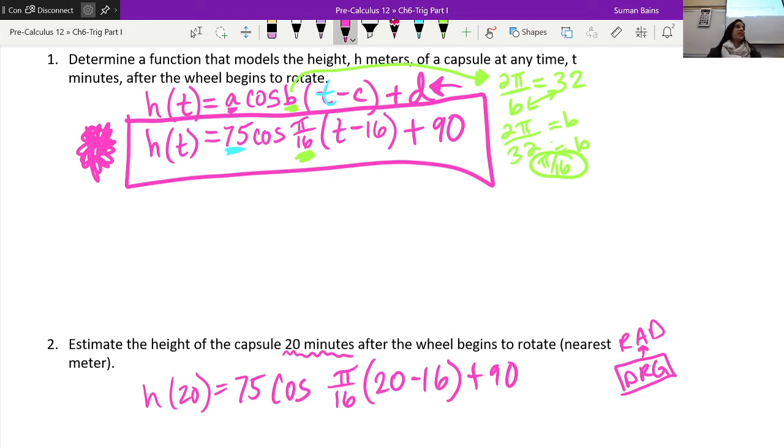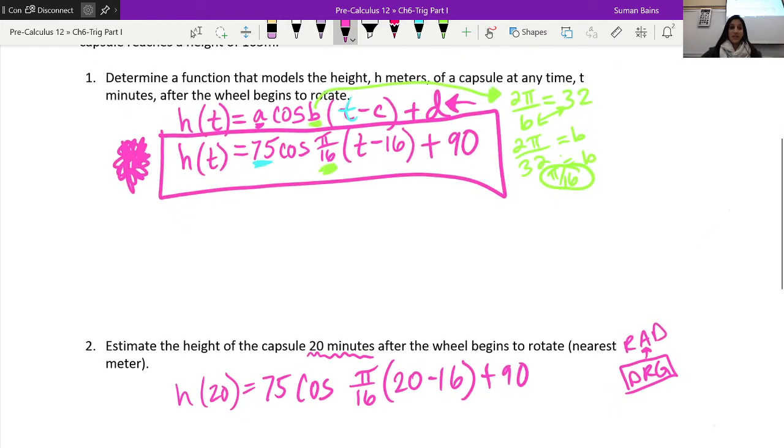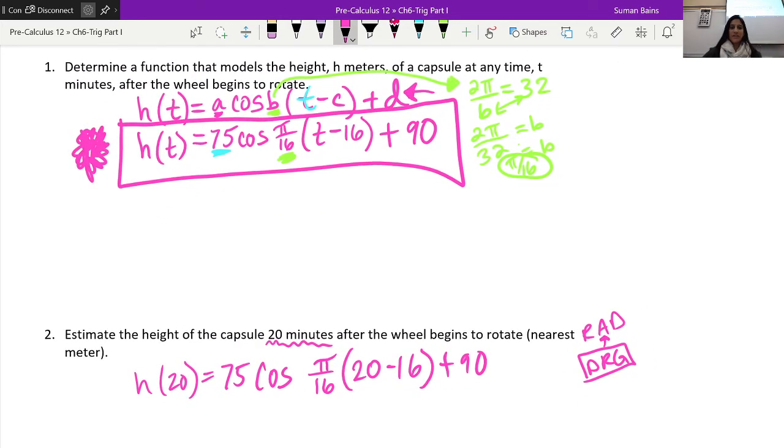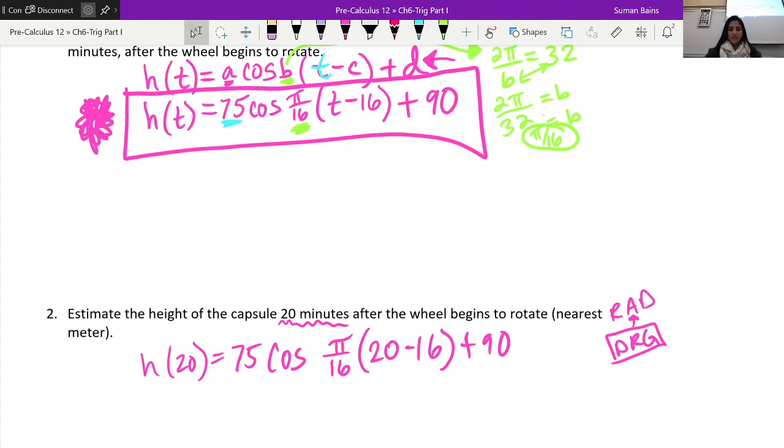And then do your calculations. And if you're wondering, how do I know when to decide to use radians or degrees? We are dealing with radians in the question, right? So we have pi over 16, and so that's when we are using radian mode.